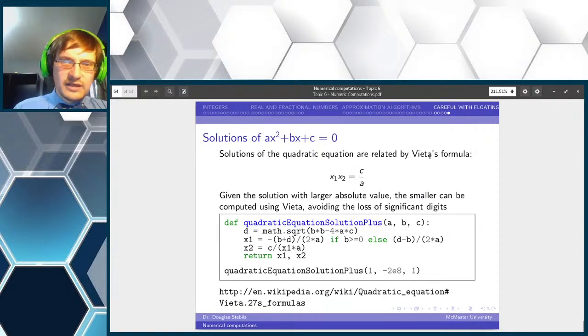So there is Vieta's formula. x1 times x2 is equal to c over a. Given the solution with larger absolute value, the smaller can be computed using Vieta, avoiding the loss of significant digits. So d is calculated as being the square root of b times b minus 4ac.